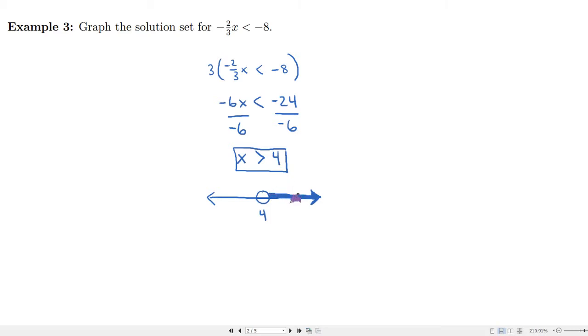So something that would be over here would be like 5, for example, and 5 is certainly greater than 4. And you could also check if it satisfies the original one as well. Okay, and this simplifies to what interval notation? Well, it's open, so we're going to use an open parenthesis, and it goes to infinity. So these are the same representations for this inequality here.